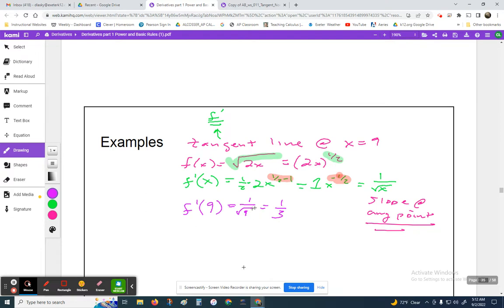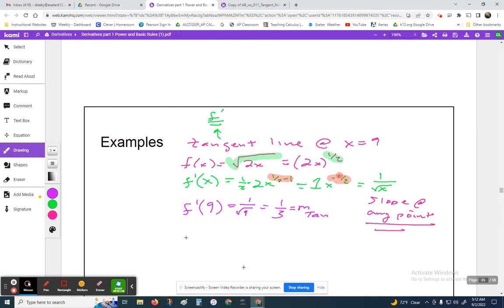So this is also equal to my slope of the tangent line. So my slope of the tangent line at 9 is 1/3.